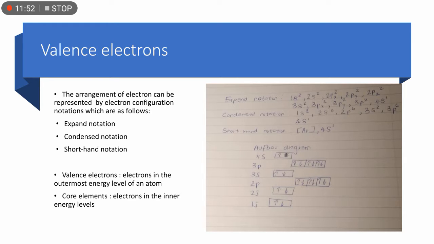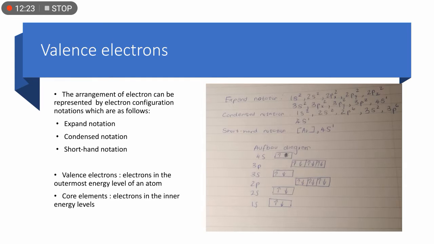Then lastly we have the fourth energy level, which is the s orbital occupied by 1 electron. When you check these numbers on top, which are placed like an apostrophe, when you add all the numbers, they have to give you the total number of electrons of the element you are supposed to be presenting.